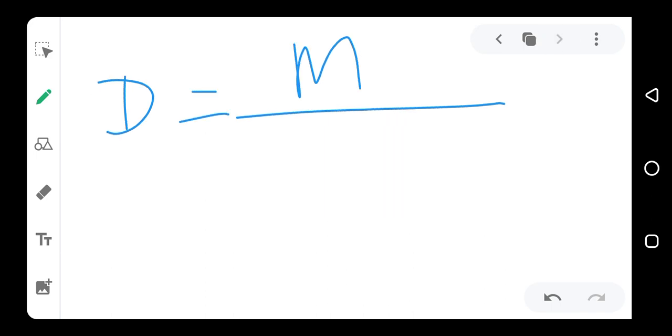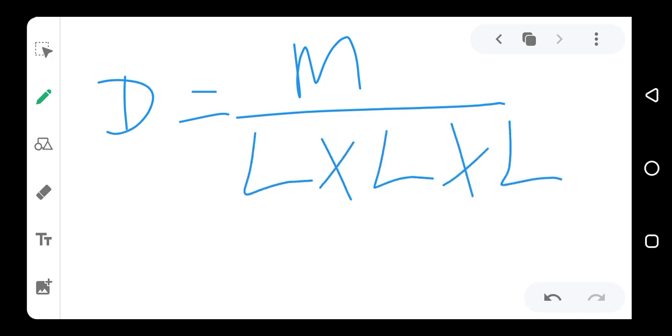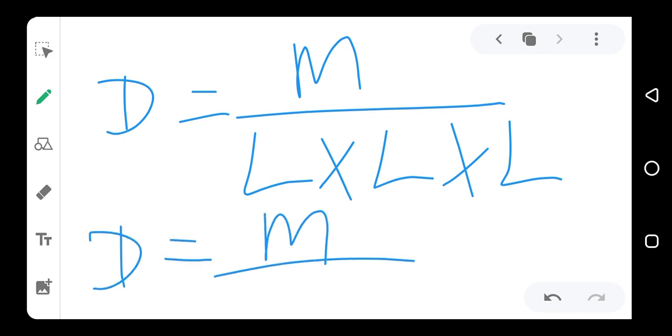So what we are going to have is that density is equal to M over length times length times length. This is the physical quantity that represents length, width, height. So we have that density is equal to M over L times L times L, which is L cubed, that's L raised to power 3.